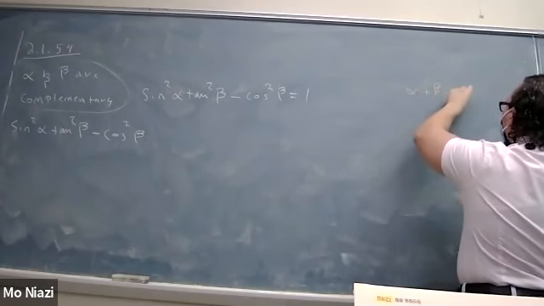I think, do you break it to sine beta plus cosine beta times sine beta plus cosine beta? No? Mm-mm.